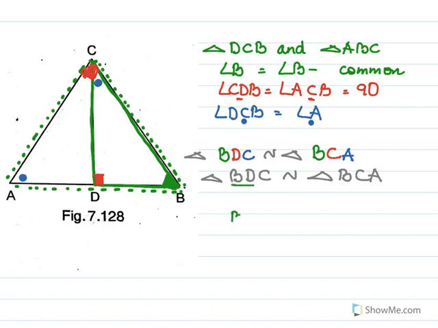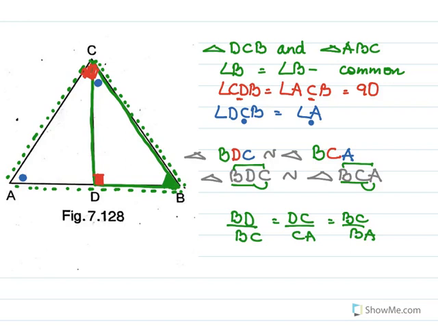Now the sides. So BD over BC equal to DC over CA equal to BC over BA. Now here I require BC square. So I have BC here and I have BC in this ratio, so I will not take the DC over CA ratio.